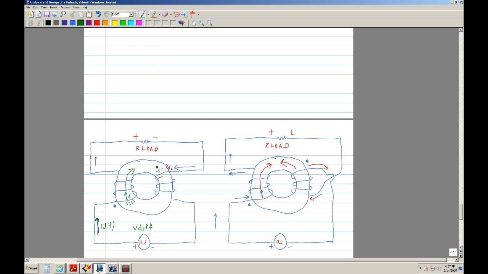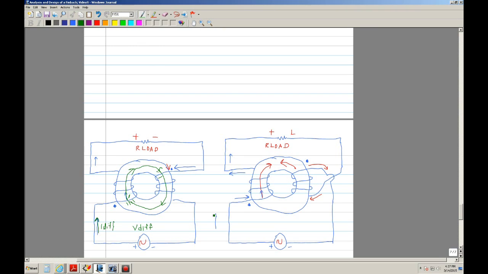Since you're wrapping from this side to this side, the flux is in the same direction as this, so you have a continuation of the flux. Flux is being added by this winding in that direction, and flux is being added from this second winding. They're both in the same direction, so they add up.